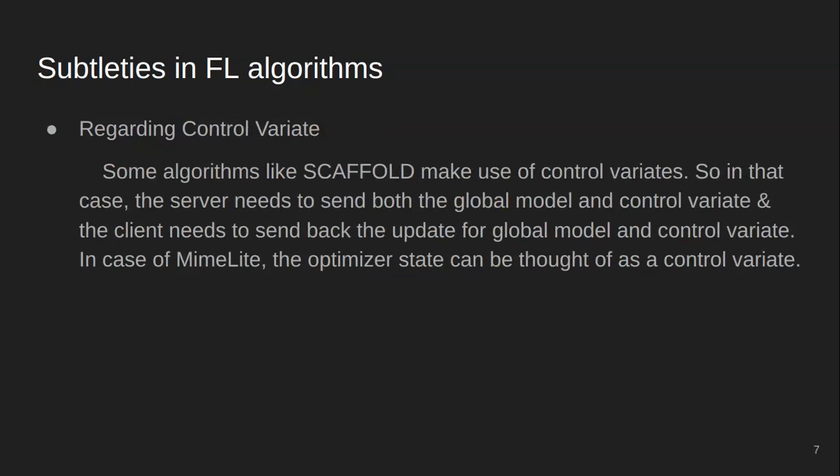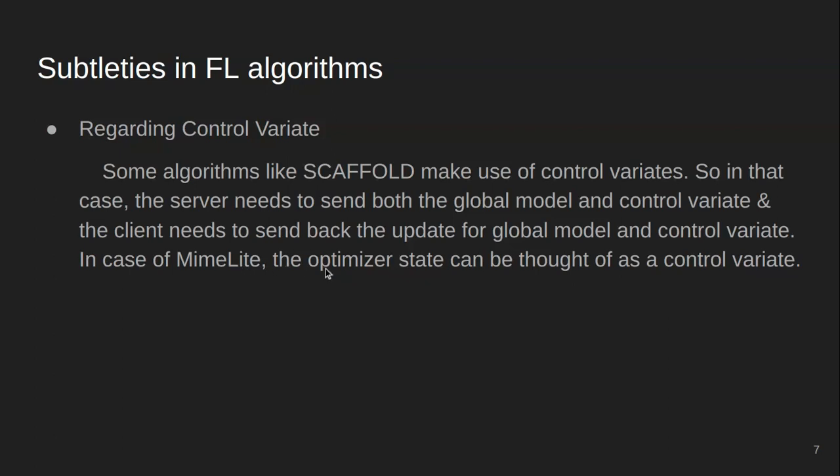Regarding control variates, some algorithms like Scaffold, Mime or MimeLite make use of something called control variates. In that case, the server needs to send two things to the clients' devices: one is the global model and the other is the control variate.